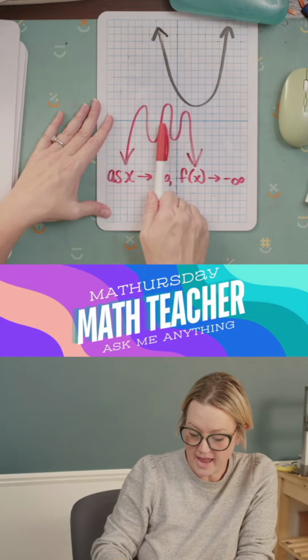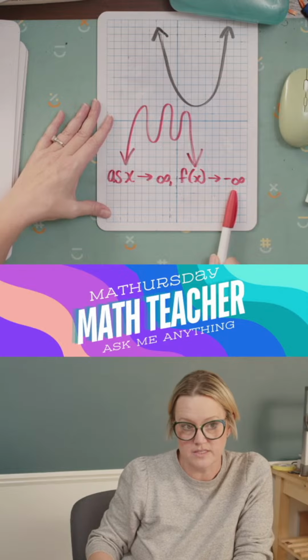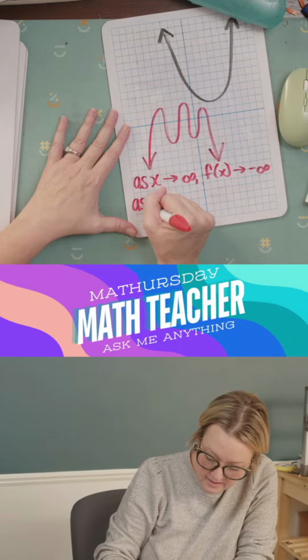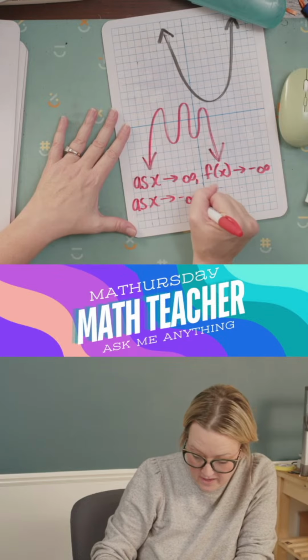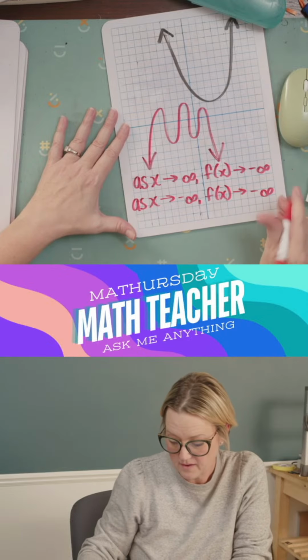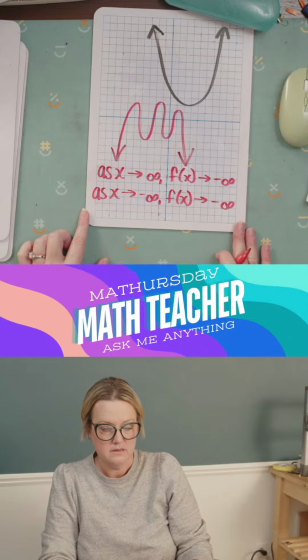So as x gets bigger, the f of x, which is the y, goes smaller towards negative infinity. And then here we would say as x approaches negative infinity, f of x is also approaching negative infinity. Okay, that's how you would describe the end behavior for these.